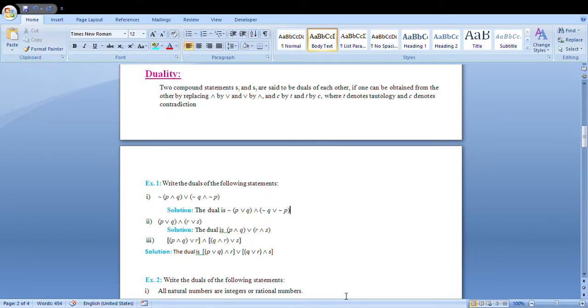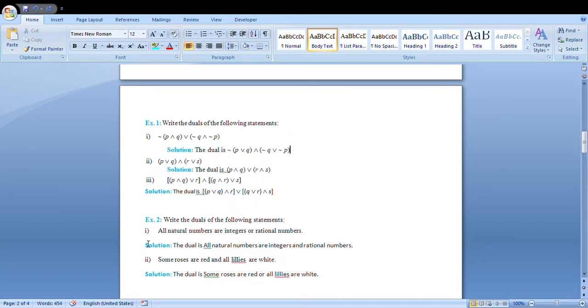Now the same technique should be applied with language. So this is a statement in symbolic form. This is a verbal statement. So just in the case of and, you have to write or, and in the case of or, write and.